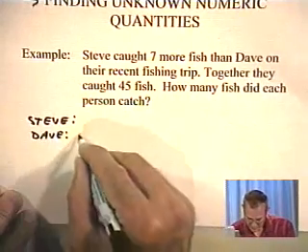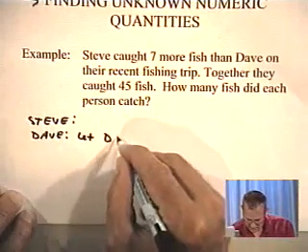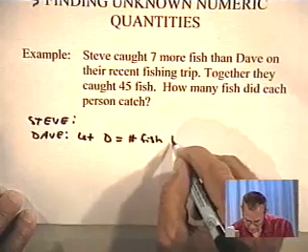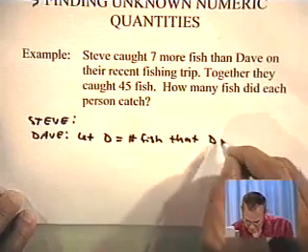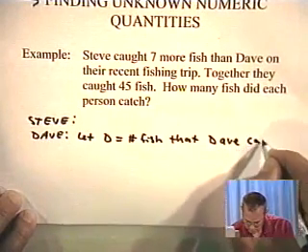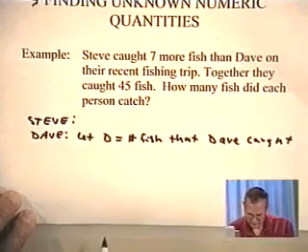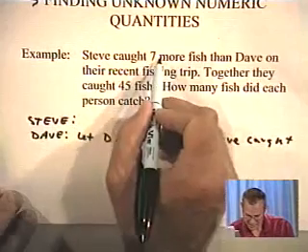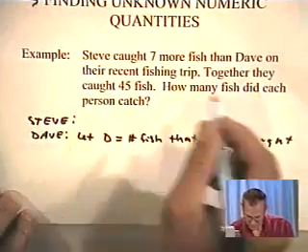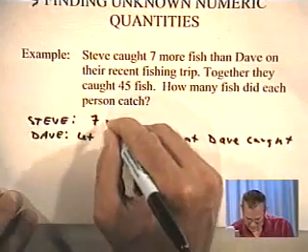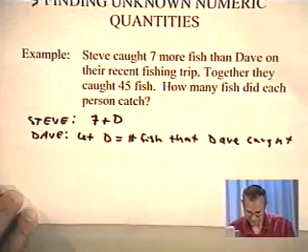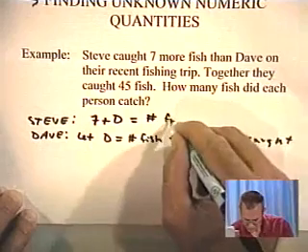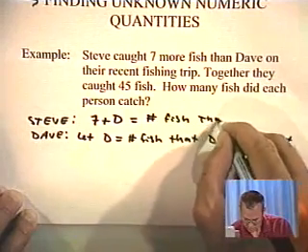So let D equal the number of fish that Dave caught. If Dave caught D fish and Steve caught 7 more fish than Dave, then Steve would have caught 7 plus D. So 7 plus D equals the number of fish that Steve caught.